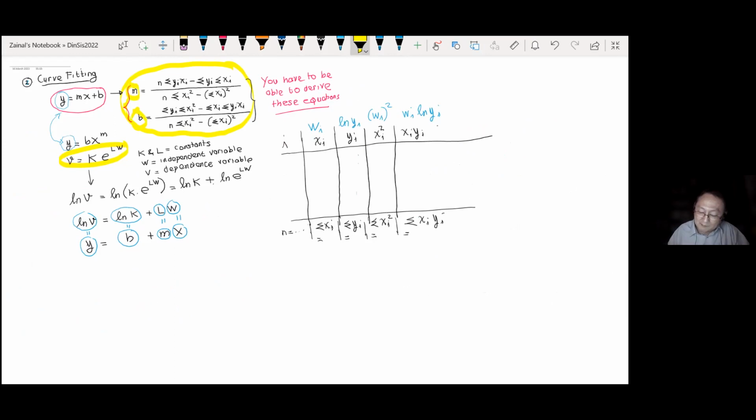In this, m is equal to L, and B is equal to ln K. So after you get ln K, you can calculate K.